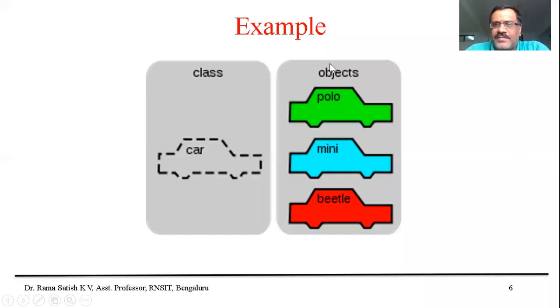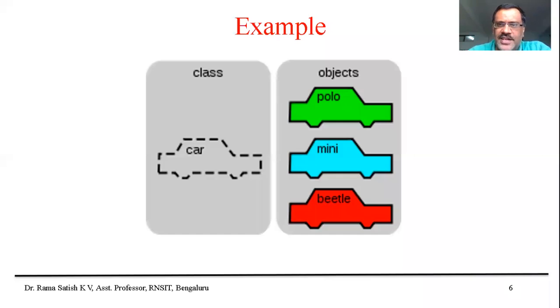Each has its own features and functionalities. Polo is green in color, Mini is red, and Beetle is light green. So when I say class is a generalized representation, whereas object is a specialized representation.